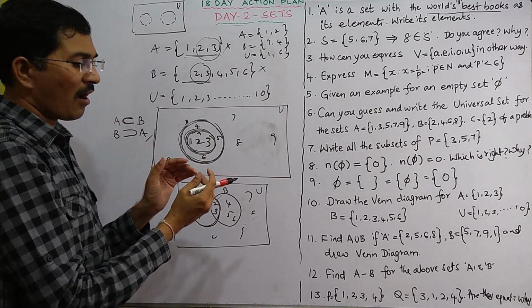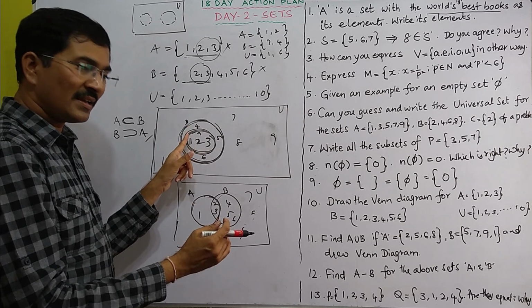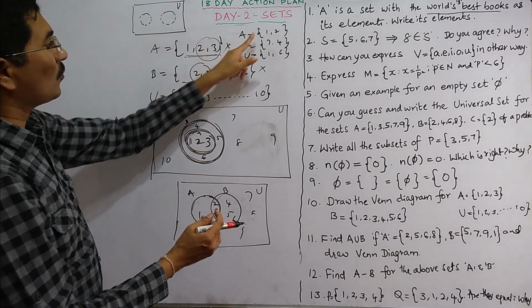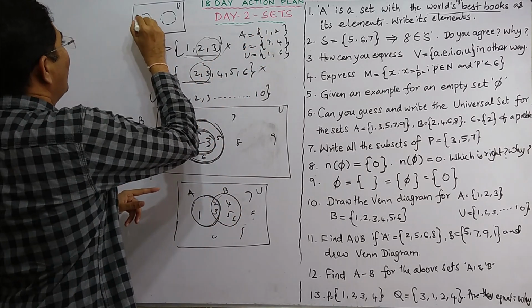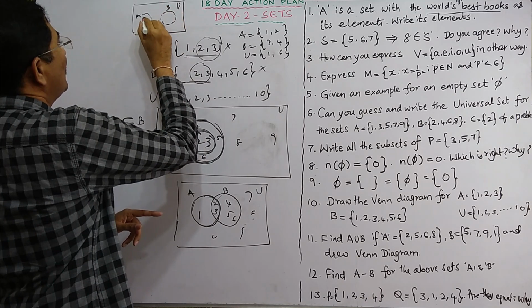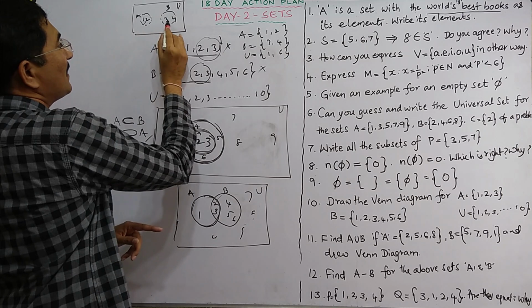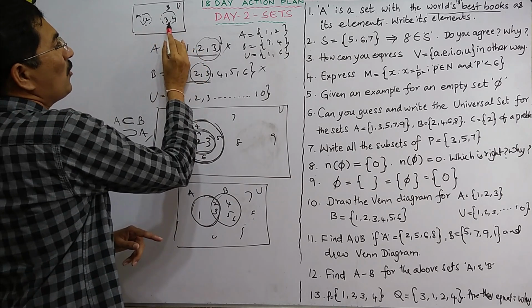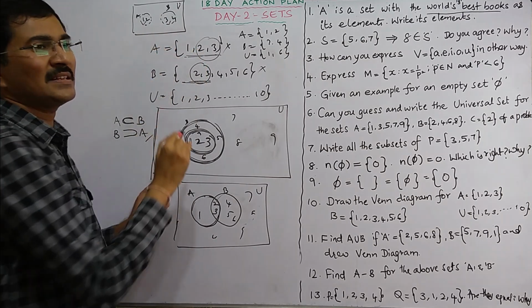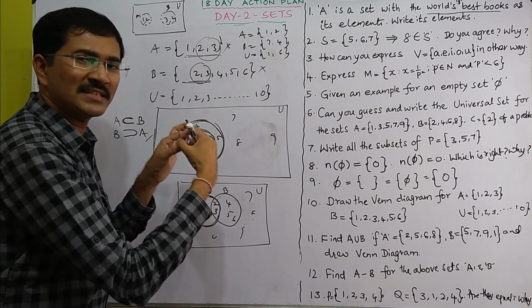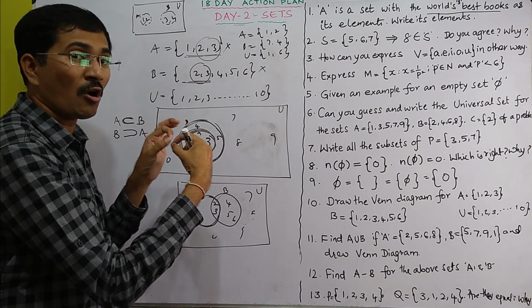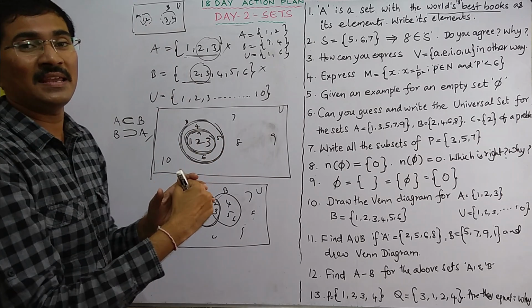If all are common in one, you will get one inside the other. Now here 1, 2 are present in A. Let us think this is A and this is B, and 3, 4 are present in B. So 1, 2 present in A are not present in B, and 3, 4 present in B are not present in A. That means there is no joint. So there are no common elements between A and B.